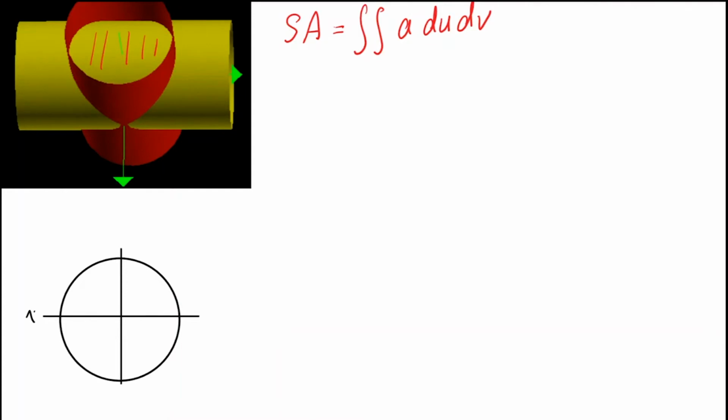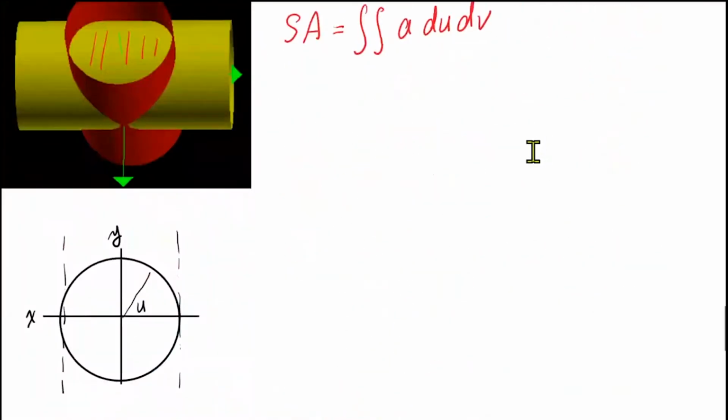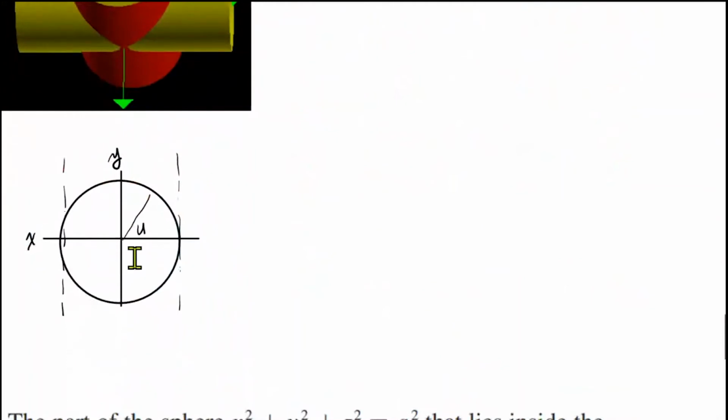Okay, so this is X and Y. And then our cylinder is going towards the Y direction like this. So the way we have our U varied is that U is our circle. So it's our angle, isn't it? So the way we figure this thing out is this is U. U is between X and Z. No, that's not quite how I did it.